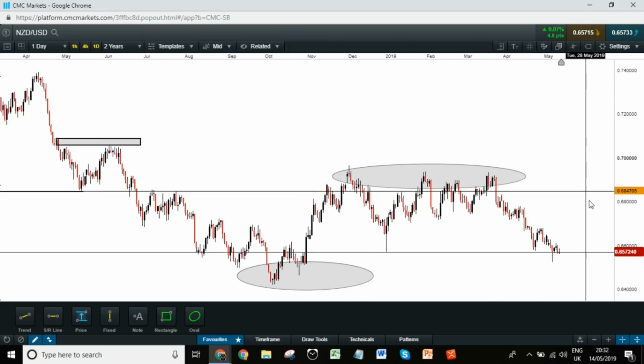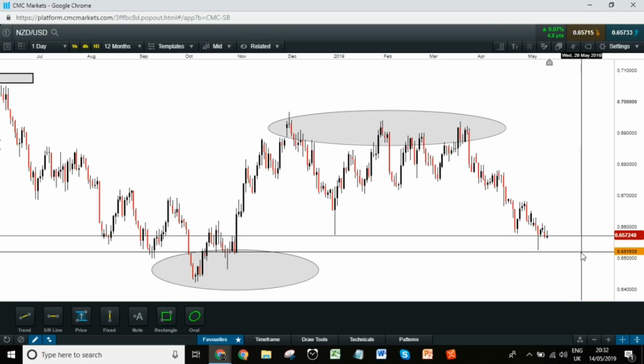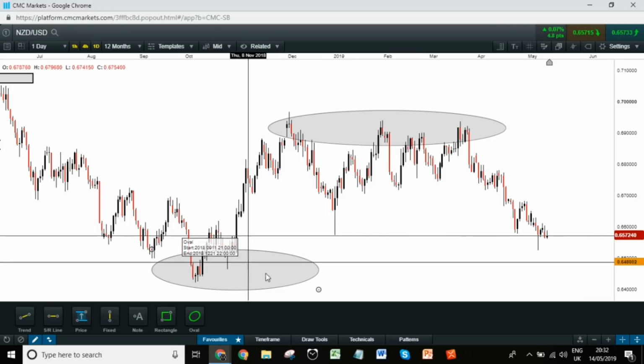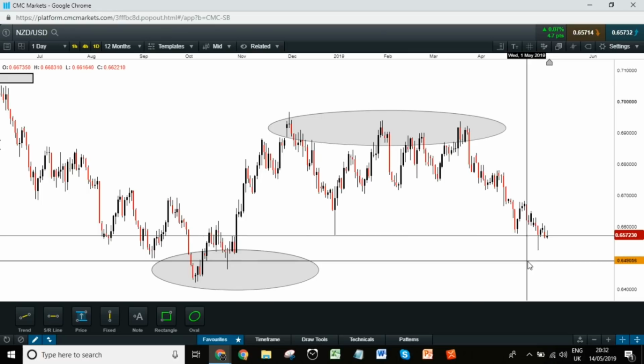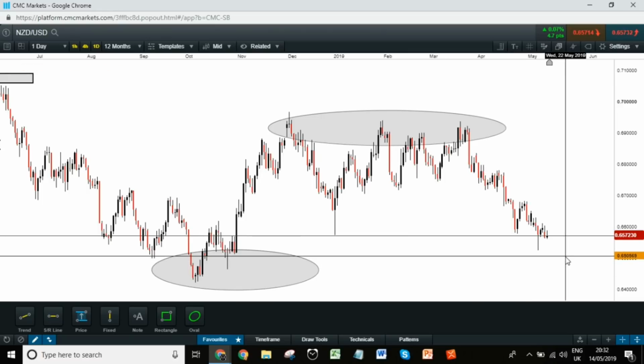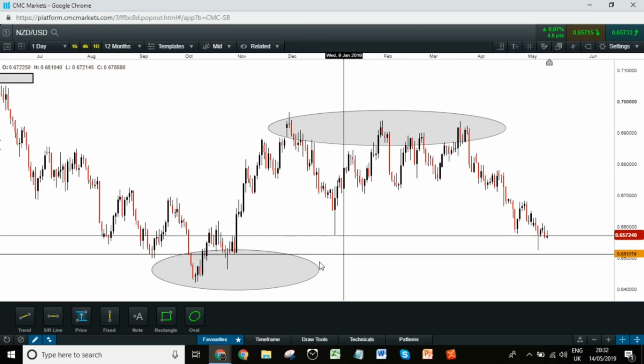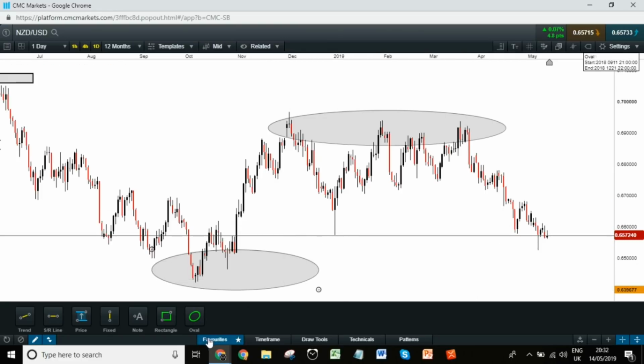So right now the market is about to move down into this extreme zone again. So more than likely we can assume that there could be a possible push to the upside as the market enters this extreme.